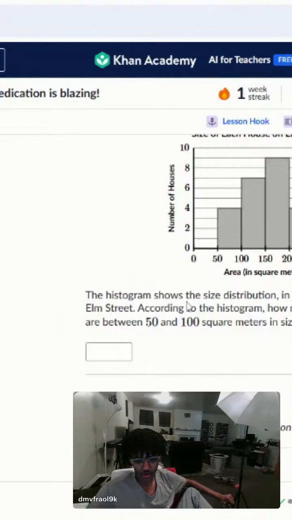The histogram shows the size distribution in square meters of houses on Elm Street. According to the histogram, how many houses on Elm Street are between 50 and 100 square meters in size?